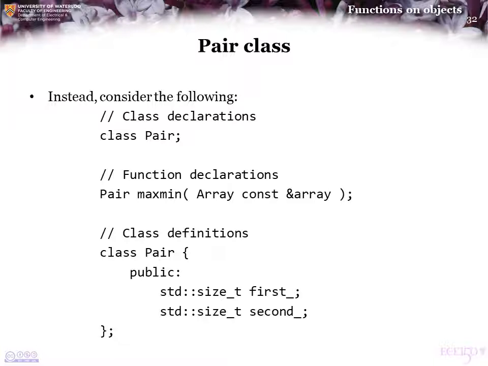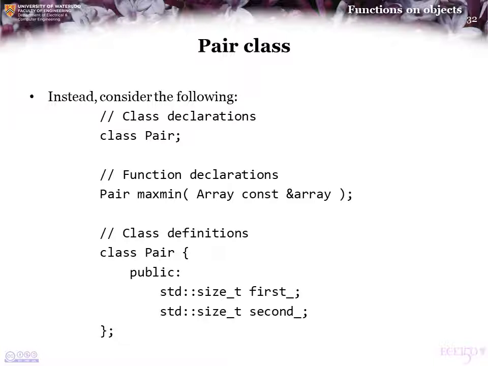And as you can guess by the name, the first member variable will be the index where the maximum occurs, and the second member variable will be where the minimum occurs. At least, if you're going to call the function max_min, that had better be what really is returned.